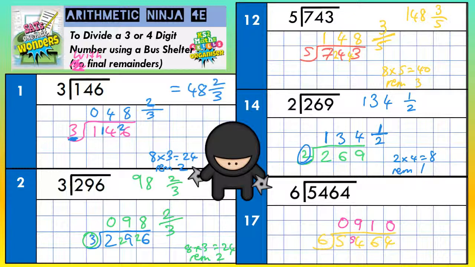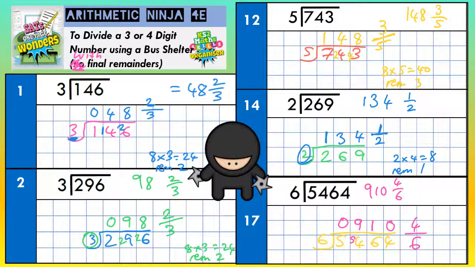So your 4 is actually what's left over. So it's remainder 4, but because we are dividing by 6, that 4 would also be divided by 6. So your final answer is 910 4/6.